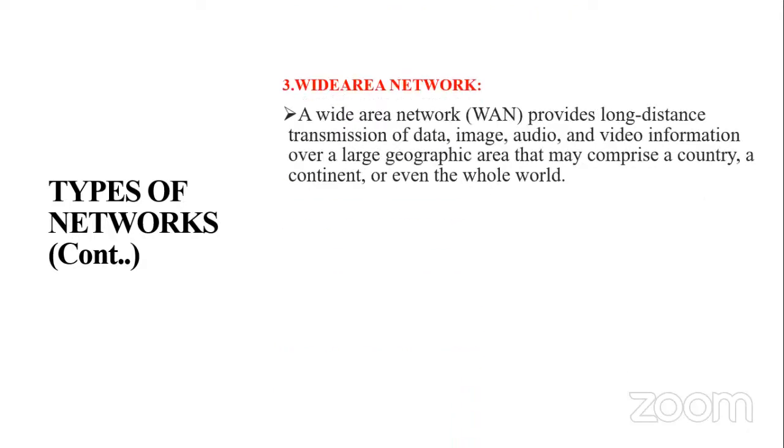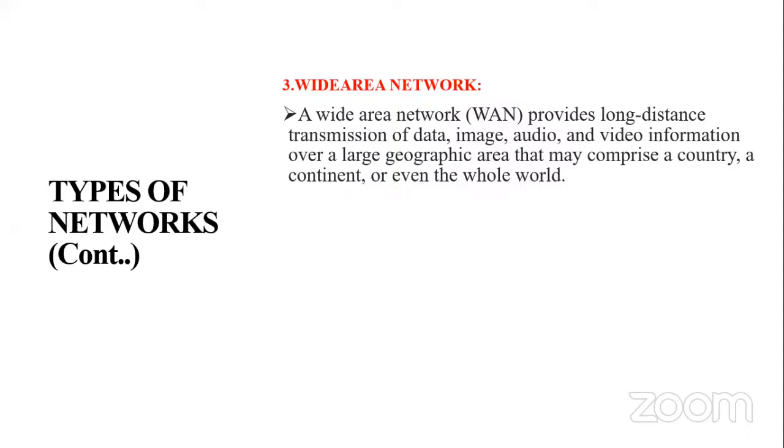Next, coming to the third one, wide area network. This is wide, like the internet. A wide area network provides long distance transmission of data that can be represented in any format like images, text, audio, video, information over a large geographical area that may comprise a country or a continent or the entire world.